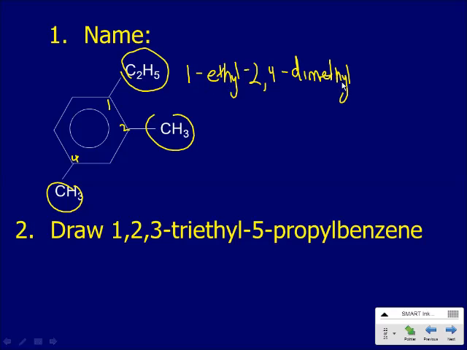Again, the E comes before the M. We don't use the D to put the alphabetical. We don't use the prefix that tells you how many for alphabetical. It's the branch name letter. And then this is on a benzene. Okay?